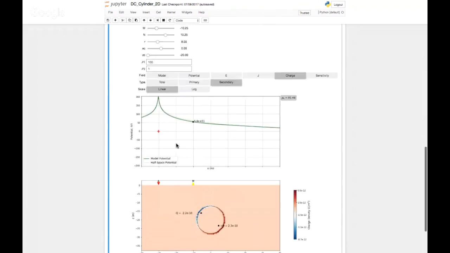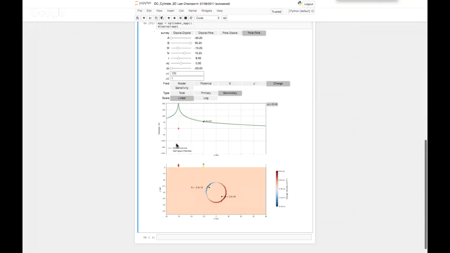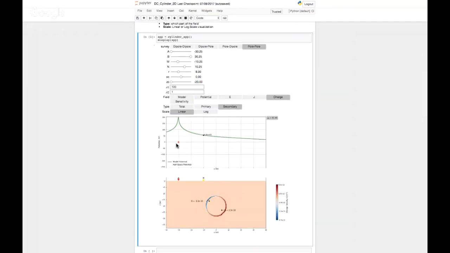This is kind of interesting. So here are A electrodes over here. Notice the charges that I've got here. Watch what happens as my A electrode gets up here.